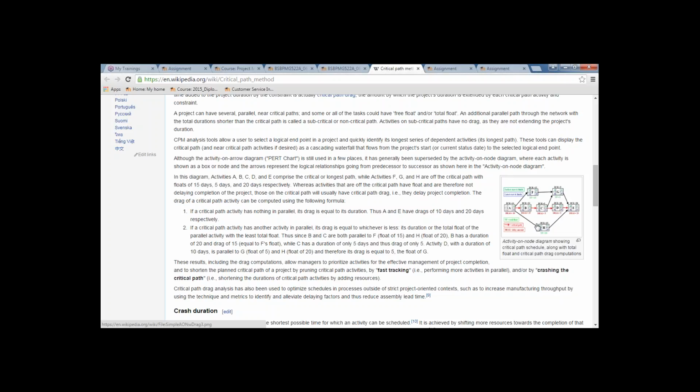The critical path is almost one step up from the Gantt chart, because what it does is say, okay, we've got all these things that we need to do in our project. We need to do this, we need to do that. What it does differentiate between is those things that are reliant on other things.